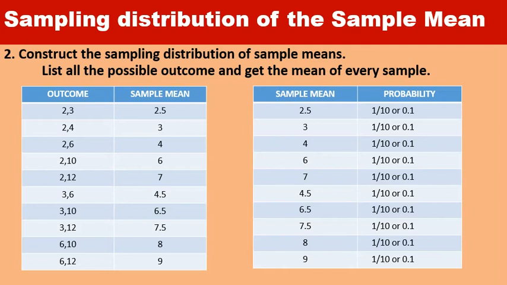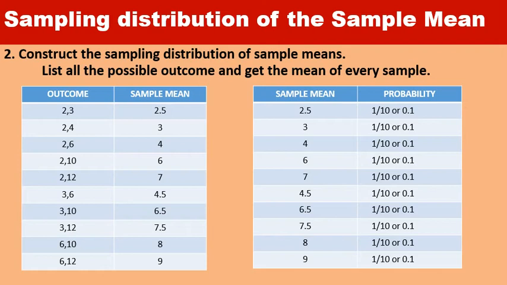To get the probability or the sampling distribution, just count the number of frequency over the possible outcomes. So list all the sample means. On the left table listed on the sample mean, you have 2.5. We will count how many 2.5 appear among the sample means. There is only one 2.5.